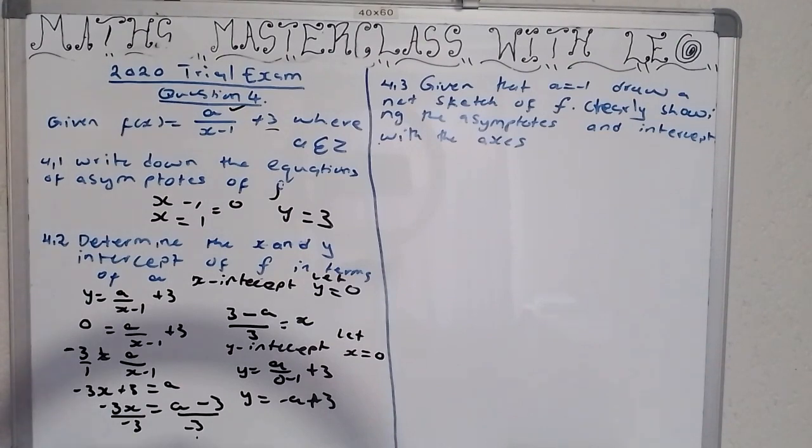Next question. Given that a is negative 1, draw a neat sketch of f, clearly showing the asymptotes and the intercepts with the axes, right? So I need to draw, but before I draw, I'm given the value of a. It means I can get the coordinates of the x-intercept and the y-intercept.